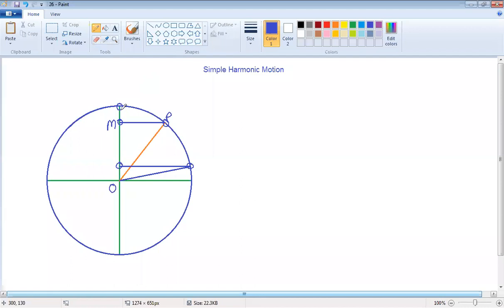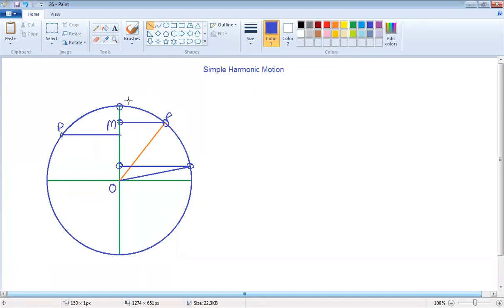Are you getting this? Yes. Now as point P goes further, suppose the rotation continues up to this, now the perpendicular on the y-axis will come back.